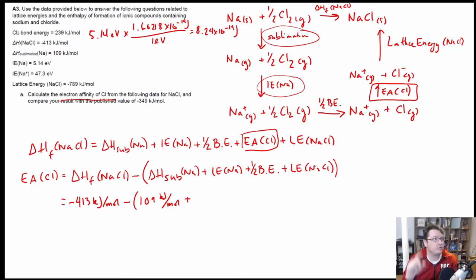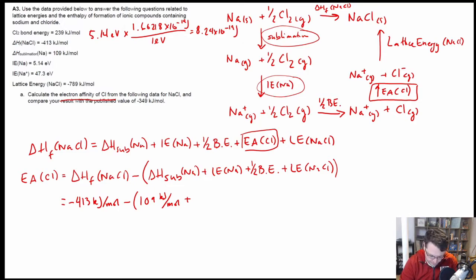So that's for only one atom. Now what we have to do is multiply this by Avogadro's number so that it becomes joules per mole.